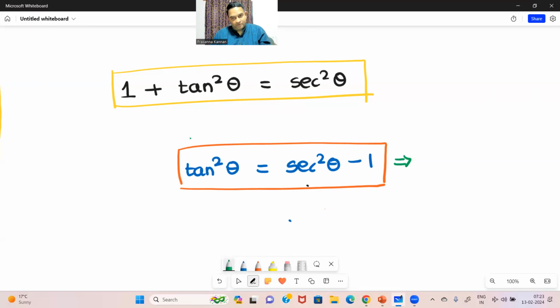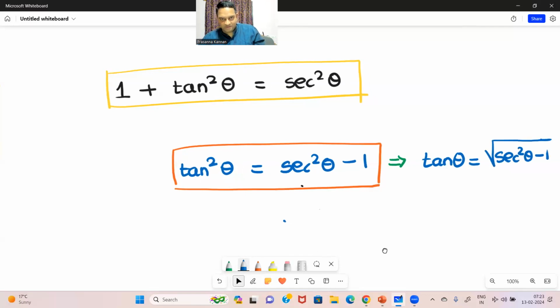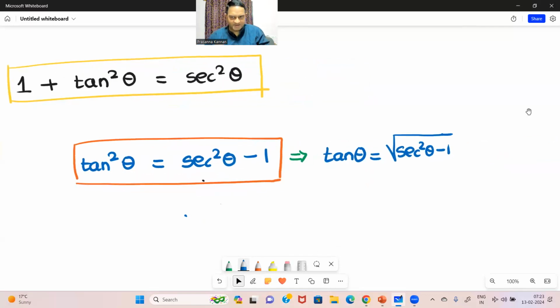Now, if I take the square root, what will I get? Tell me. Tan theta is equal to the square root of sec square theta minus 1. Did you understand now? So in some places we will substitute tan theta as the square root of sec square theta minus 1.